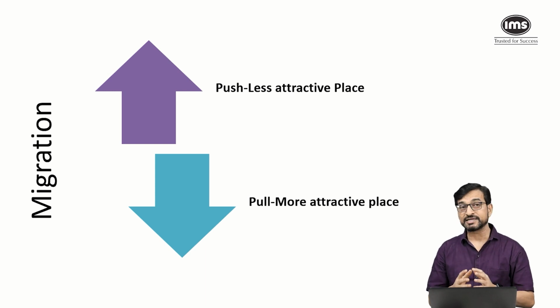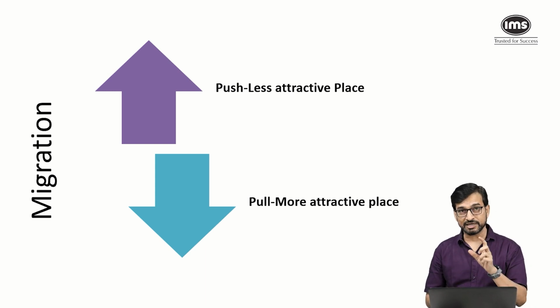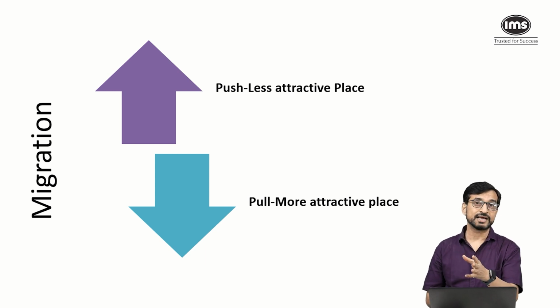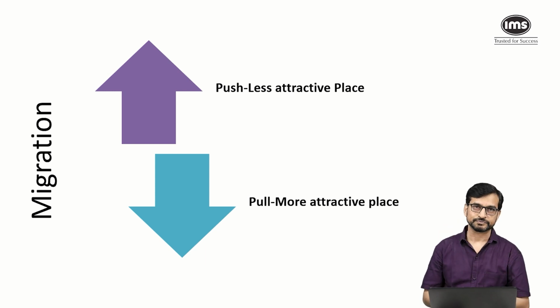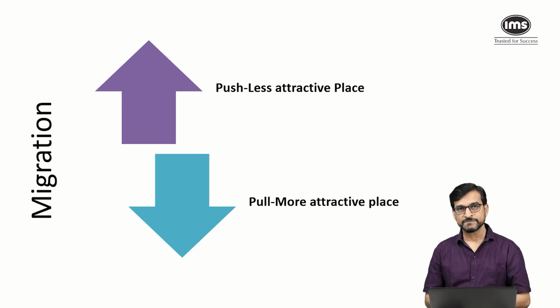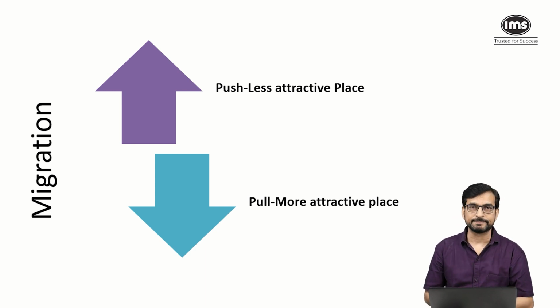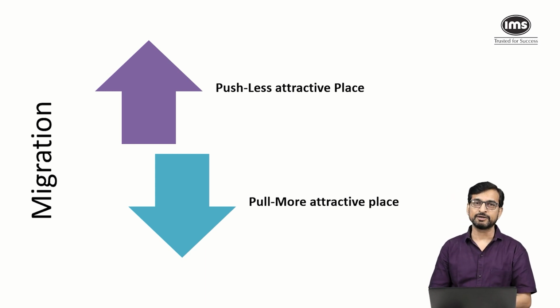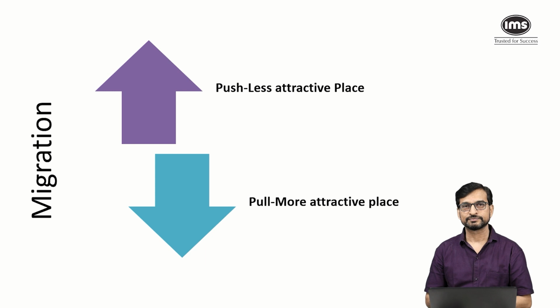Now, migration can be hourly, migration can be in a day, or migration can be seasonal, or migration can be permanent. For example, if any of you have been to Mumbai, there are two places in Mumbai, Lower Parel and BKC.